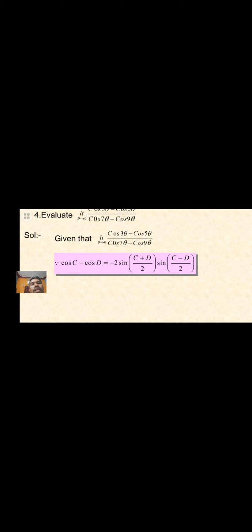So on the left side of the formula, we have two terms. But on the right side, we have a product, a single term.